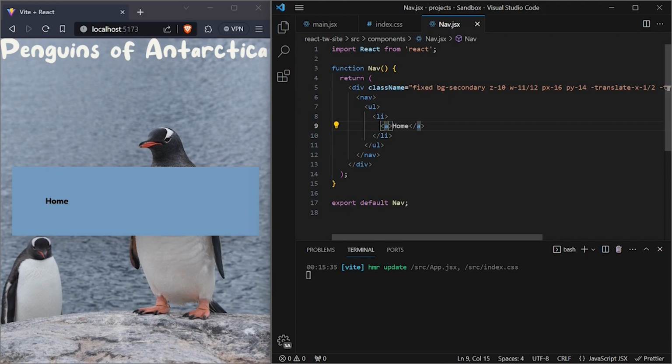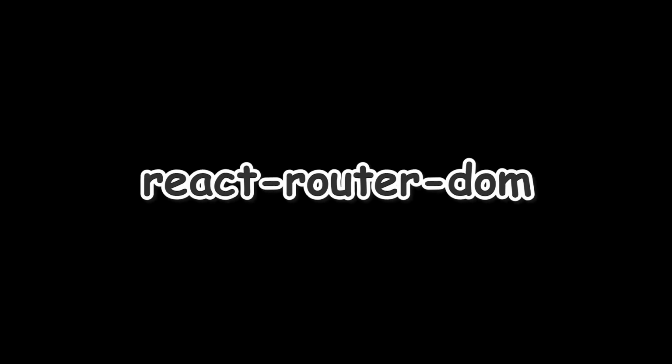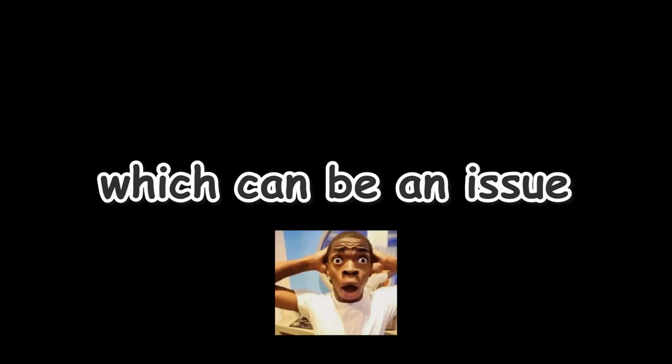Since we don't have routing set up and our about us and our work pages ready, I'll just choose text to represent them for now. According to vite.js, you are able to set up a multi-page website without a particular package, which we are going to have a look at, called React Router DOM really soon. However, it is not ideal to go with this approach if you are looking to build an app, let's say, that needs to fetch data from an API before loading the page, which can be an issue.